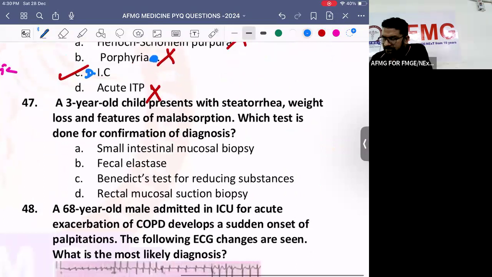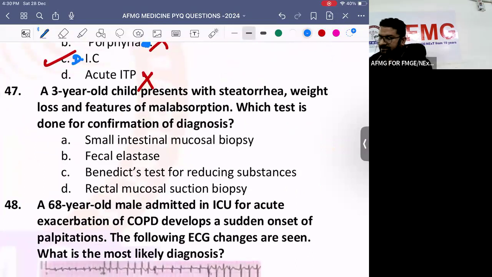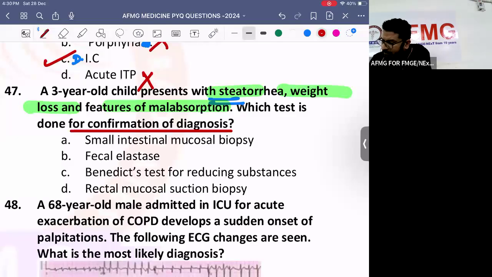Okay, this topic we have studied many times. A 3-year-old child with steatorrhea, meaning fatty stool, weight loss, and features of malabsorption. Remember, in any malabsorption, be it celiac sprue, tropical sprue, Whipple disease or anything, the best test is always small intestine biopsy. Understood? For confirmation, you do a biopsy, and not a rectal suction biopsy; we need an intestinal biopsy. The Benedict test is done only for carbohydrate malabsorption.